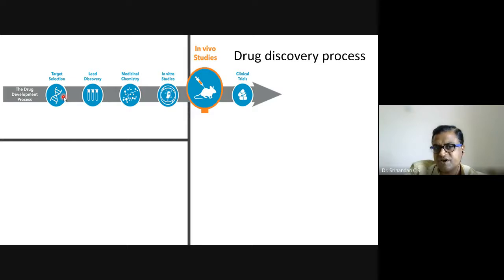Once I identify the causation, I will have to team up with the medicinal chemistry people, who will synthesize a plethora of drug molecules, either from natural sources or synthetically.